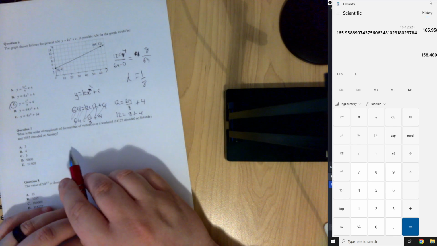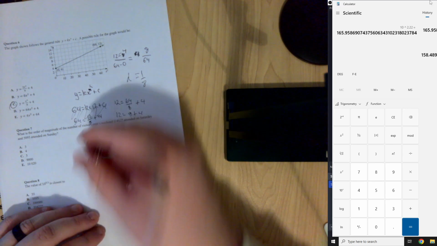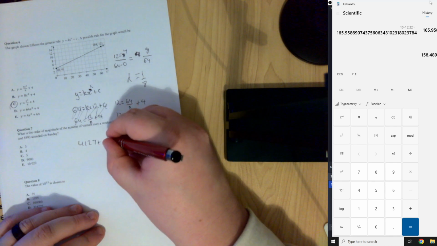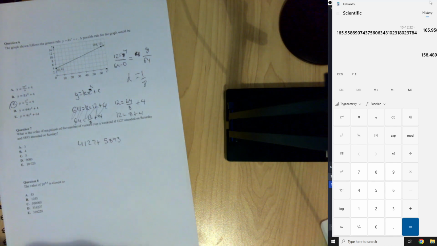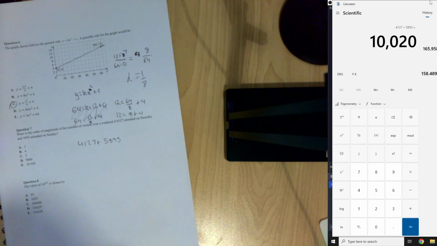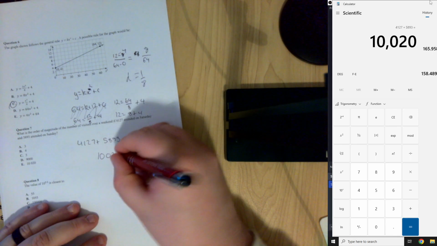Order of magnitude of the number of visitors over a Saturday and a Sunday. So that's 4127 plus 5893. It's 10,020.